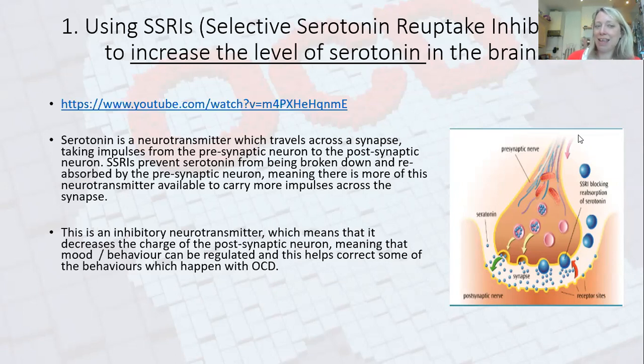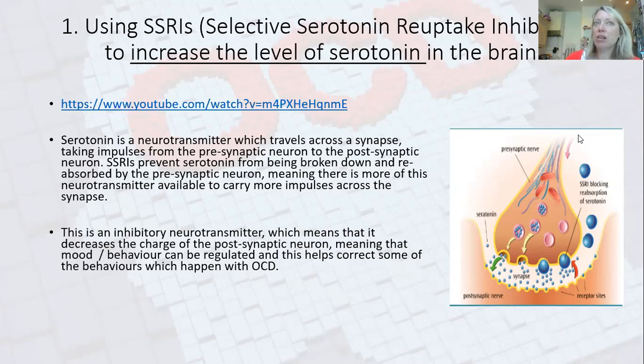And actually that regulates our mood, regulates our behavior, and then helps correct some of the behaviors that are linked into OCD. So ironically, in a way, having more serotonin in your synapse means that you can more quickly and more frequently calm down the postsynaptic neuron, stop it from firing more, because that's what serotonin does, it stops it from firing.